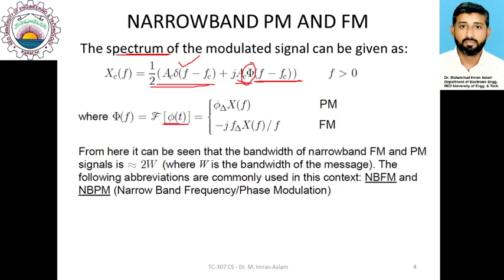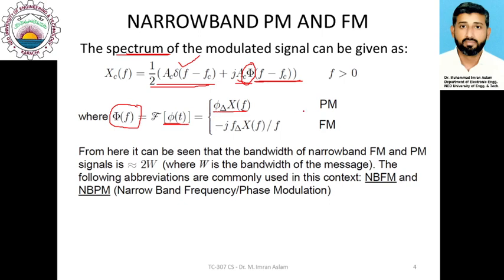But we know that phi t is actually dependent on the message signal, so the spectrum of phi f can be related to the message signal by a simple relationship, by taking the Fourier transform of the phase of the modulated wave.